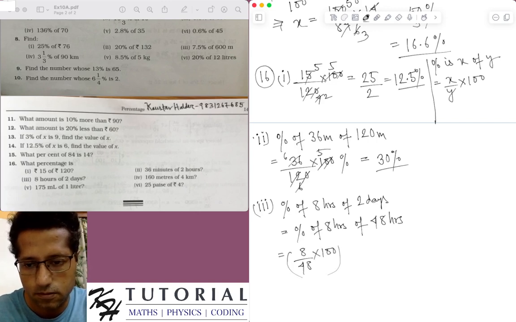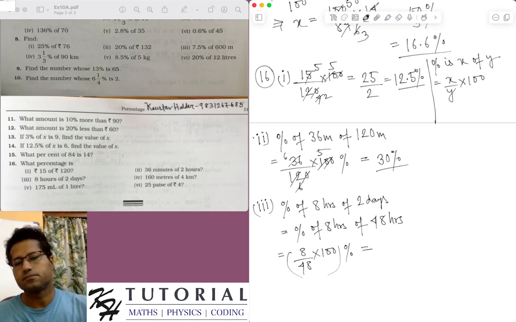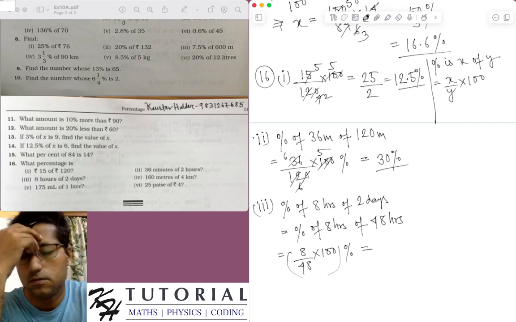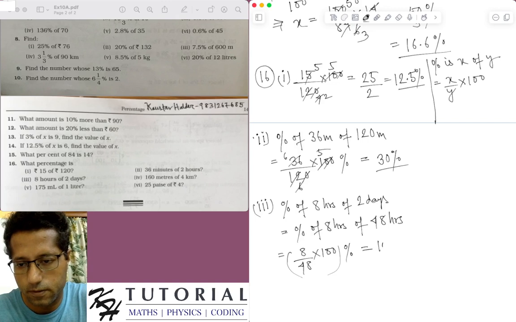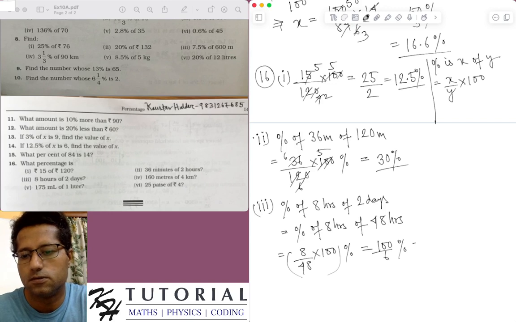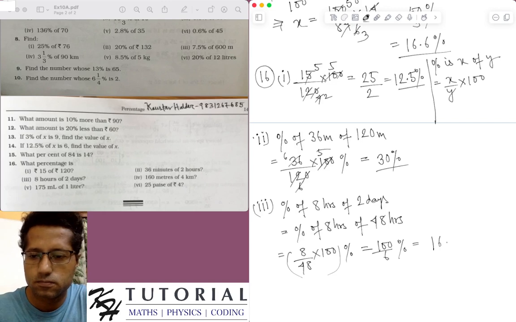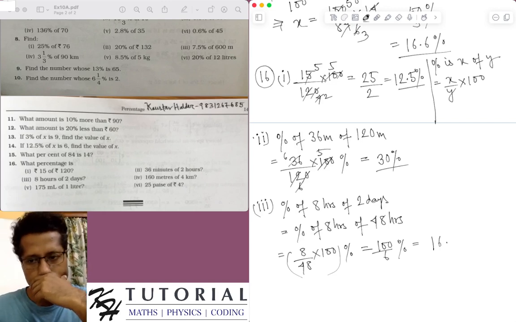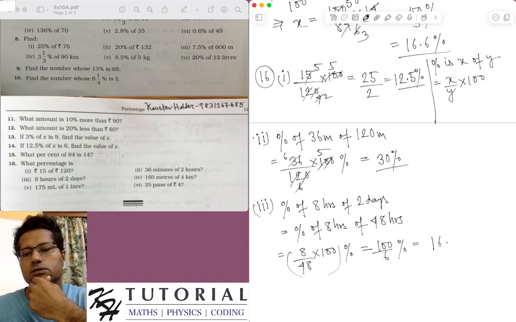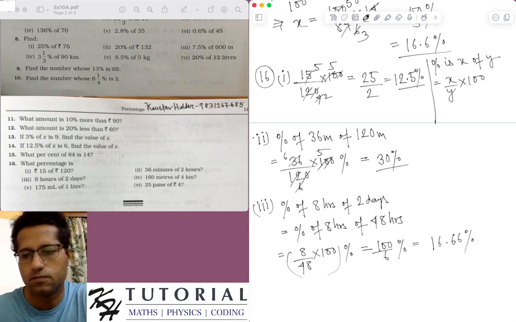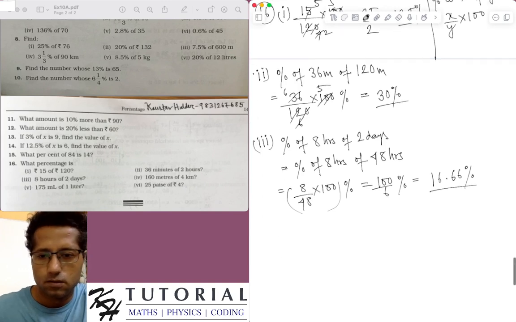This is the percentage value. This is 100 by 6 percentage, which is approximately 16.66 percentage.